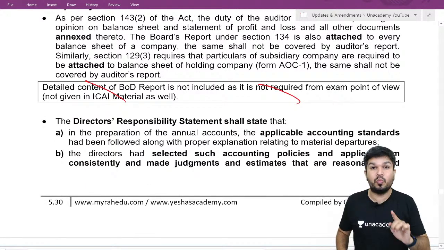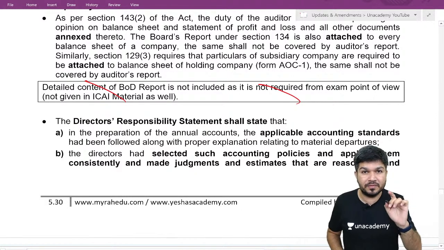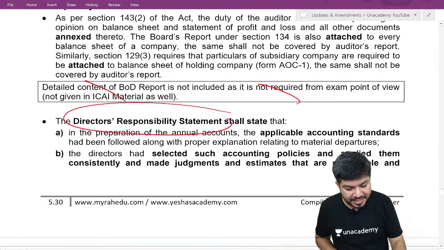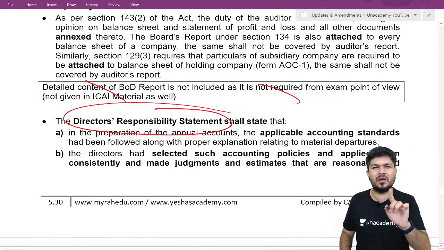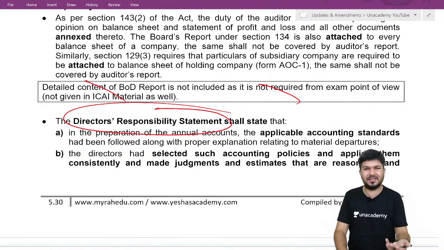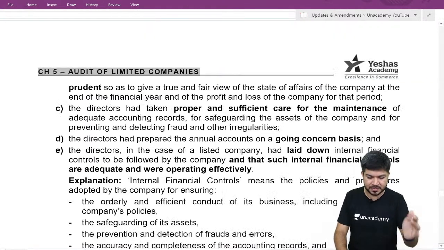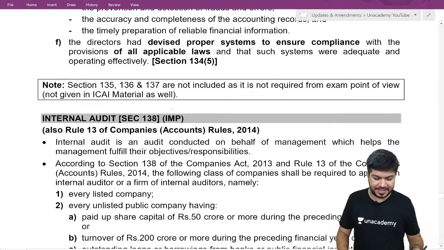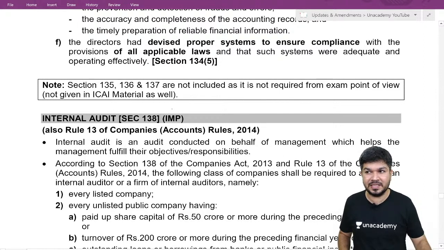We have just skipped it. One of the contents of the BOD report is the directors' responsibility statement. So this is also not relevant for exam purposes. I'm just skipping it.